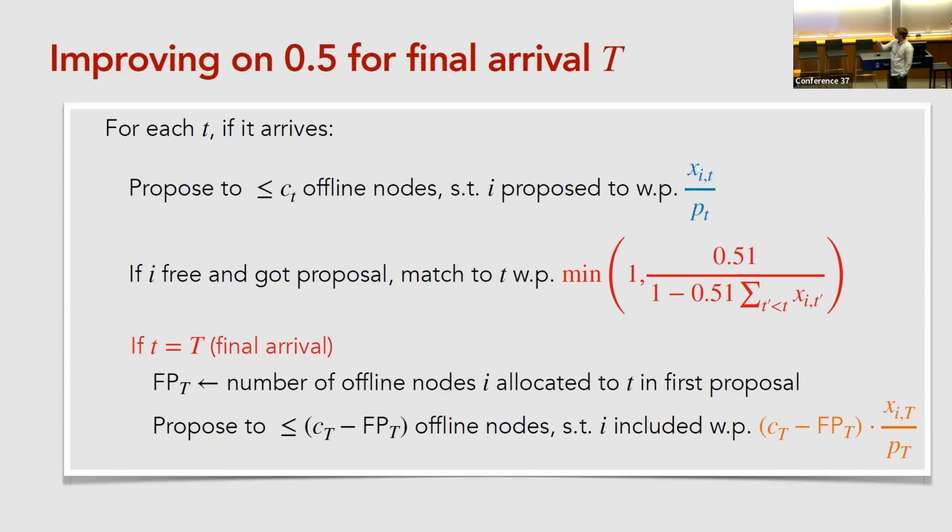So in particular, we'll propose to some number of nodes that is exactly at most the remaining capacity, which is CT minus FPT. So we do the same black box call to the pivotal sampling algorithm with these marginals, CT minus FPT times XIT over PT.